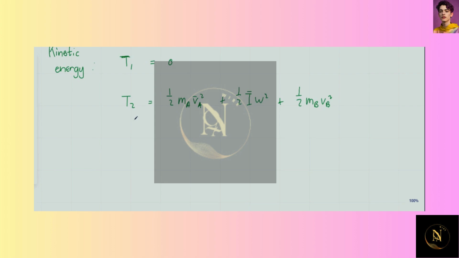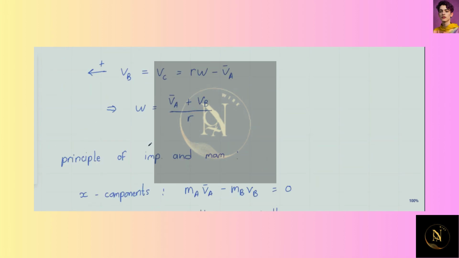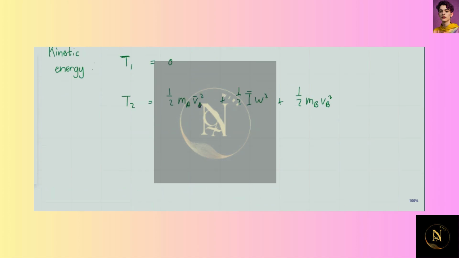We've already calculated this. And omega, from above, we calculated to be va plus vb over r. So we can simplify omega. So omega is equal to va plus vb over r, which is 1.6 va over r. So it's va plus 0.6 va over r.